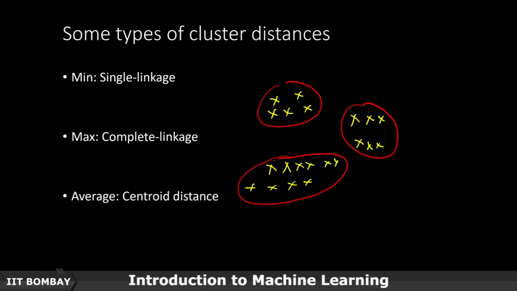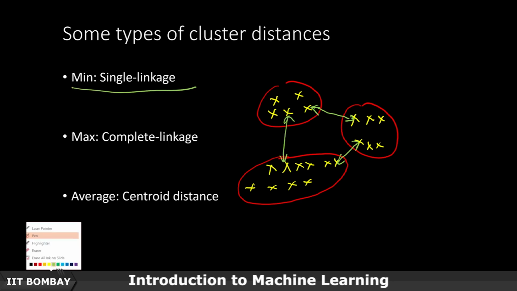Now we want to decide which two of these three have to be merged. The minimum linkage will look at the minimum distance between clusters, so the closest points between any two clusters. Here it is going to be between this point and this point, this point and this point, and between this point and this point. Between the three green arrows, whichever is the minimum will represent the merging. So that is minimum.